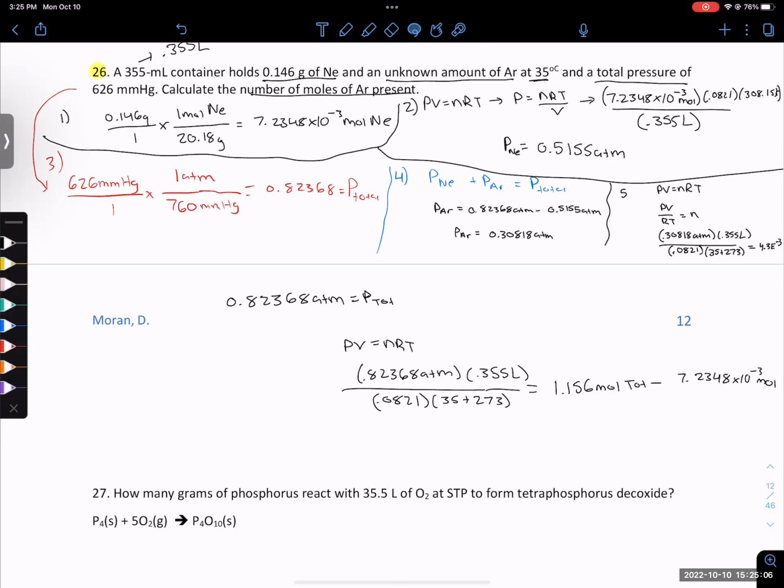Okay, and then 1.156 minus 1.315, or 0.0821, divided by 35 plus 273, equals 0.01 minus 7.23 times 10 to the minus.